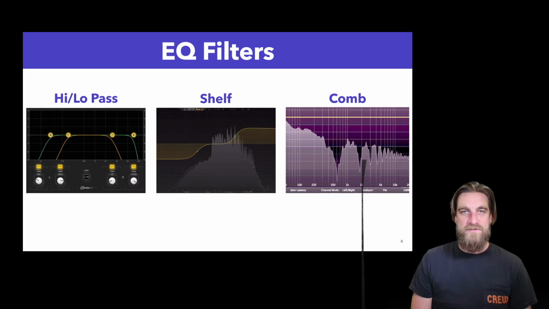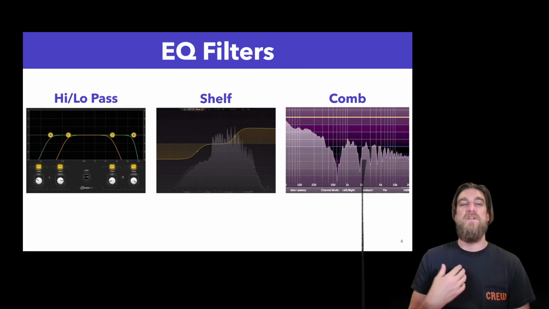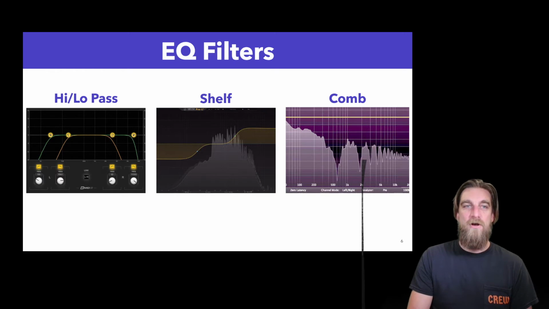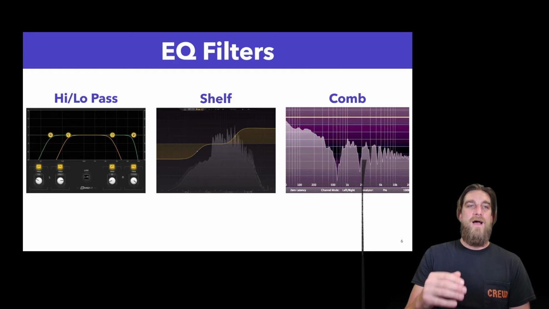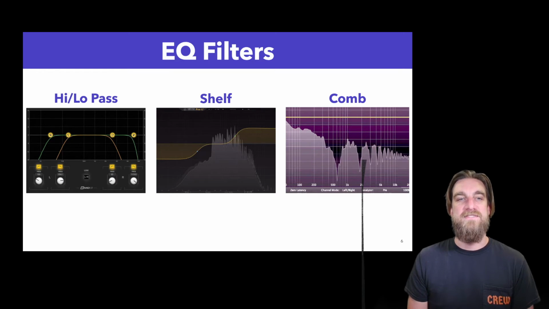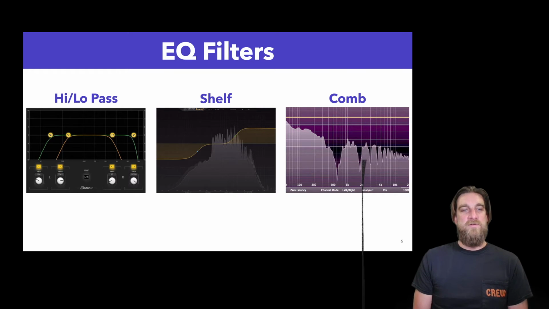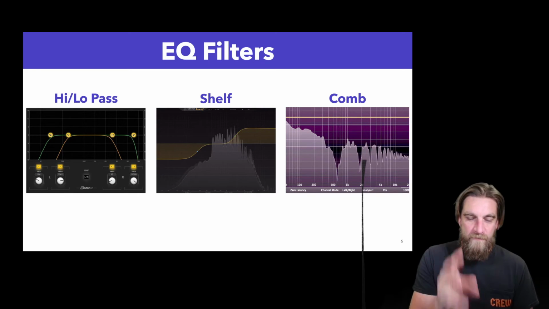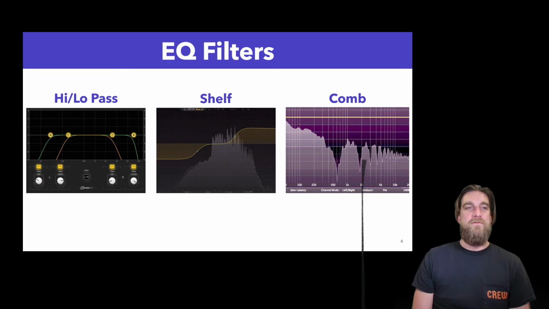A high pass filter is going to allow high frequencies to pass through it, and we're going to hear them as a result, but it's going to block out all the low frequency sound. So a high pass filter allows high frequency sound to be heard and blocks low frequency sound. A low pass filter is going to do the opposite. It's going to allow the low frequency sound and block out all the high frequency stuff based on a frequency range that you determine, right?